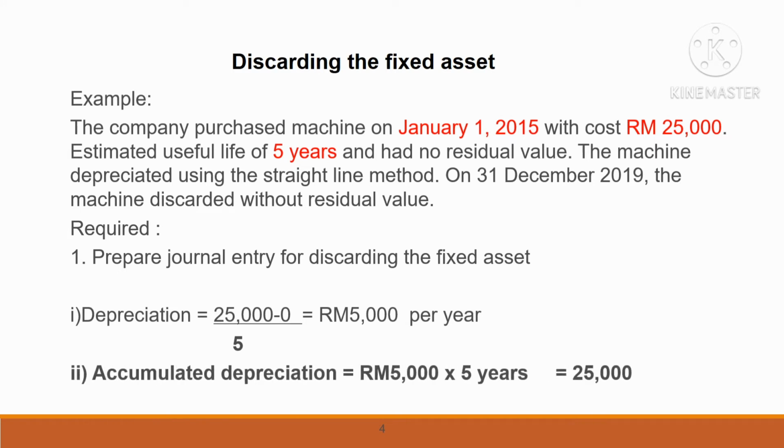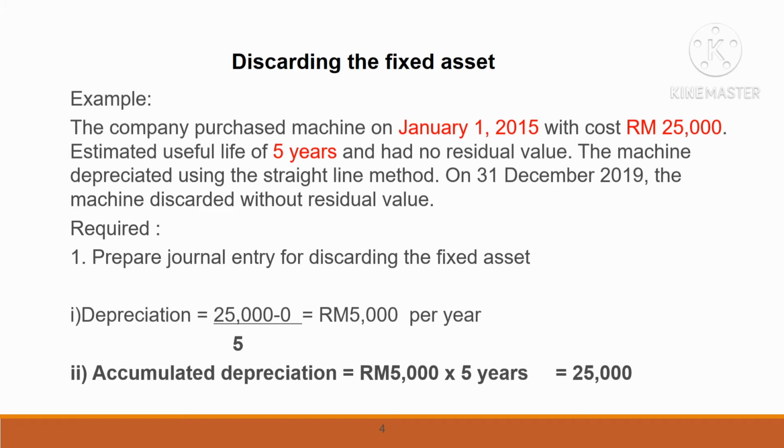And we have to calculate accumulated depreciation for 5 years from January 2015 until 31st December 2019. So there are 5 years. So 5,000 per year times 5 years. So we have the accumulated depreciation of RM25,000.